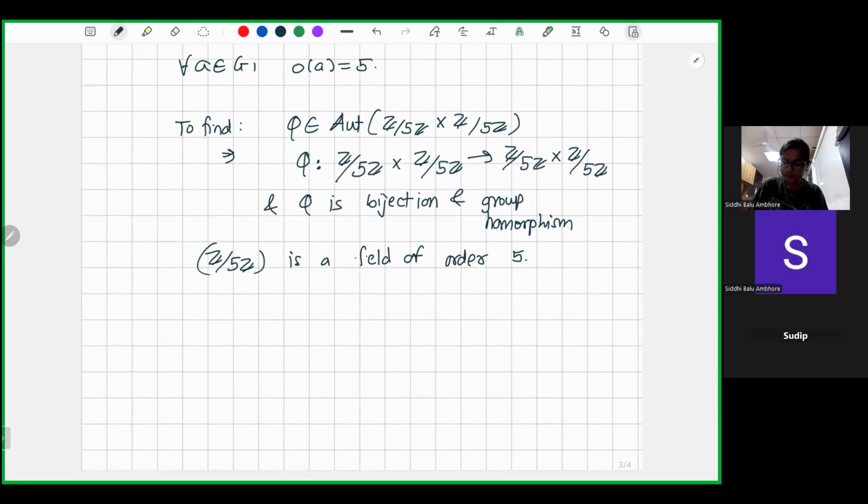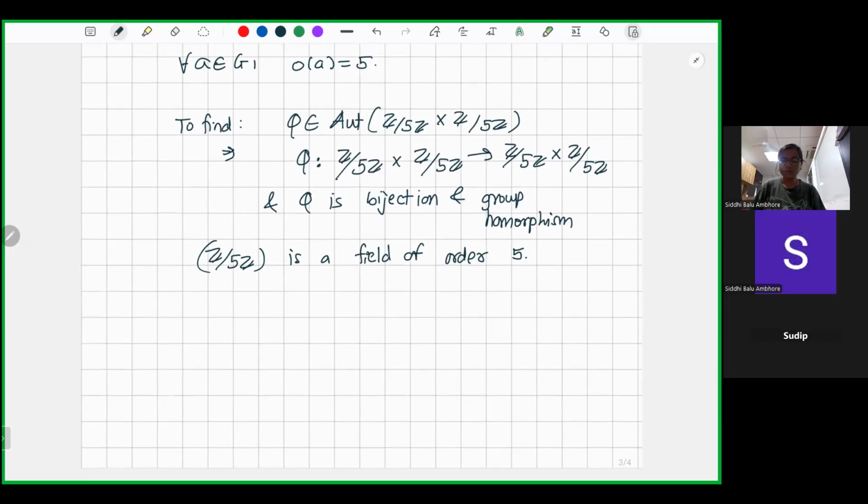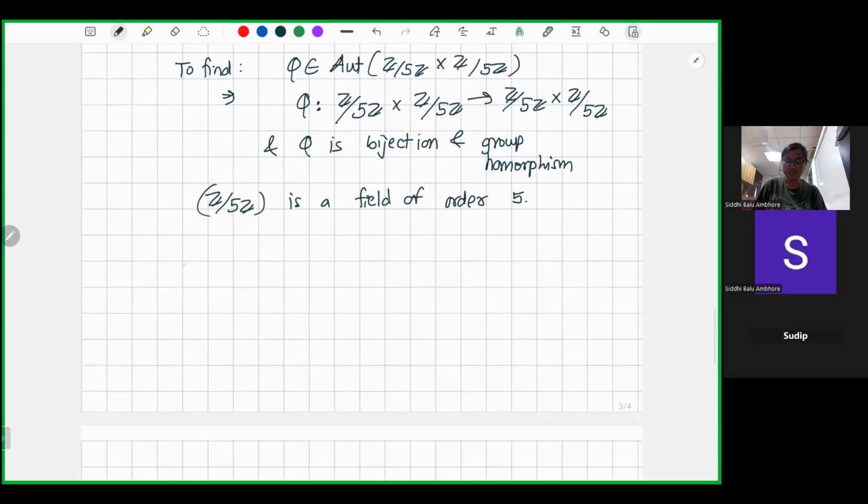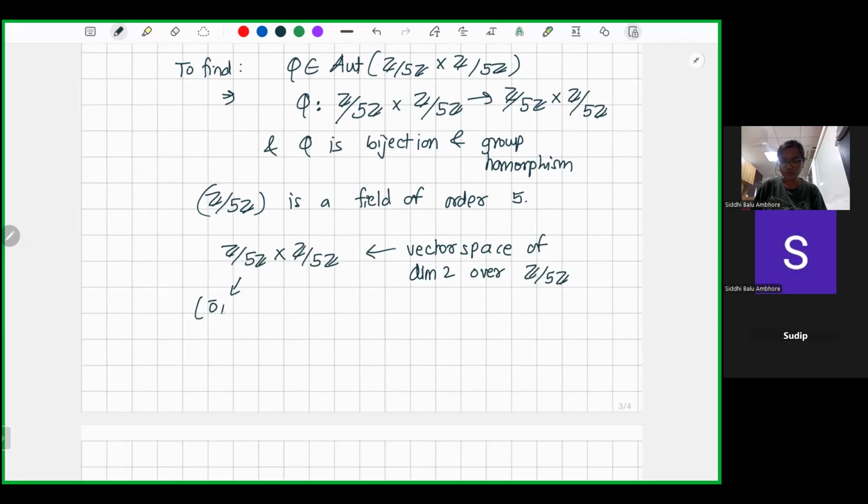So then this Z5Z cross Z5Z becomes a vector space of dimension 2 over Z5Z, because it is generated by (0 bar, 1 bar) and (1 bar, 0 bar) over Z5.